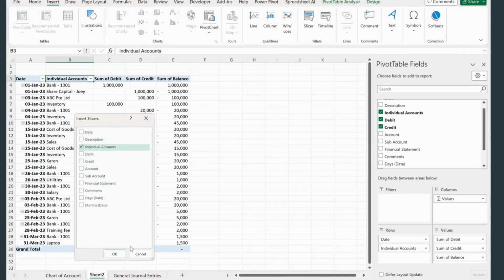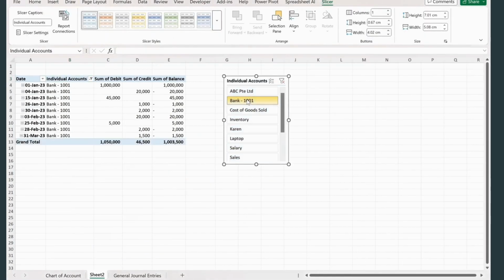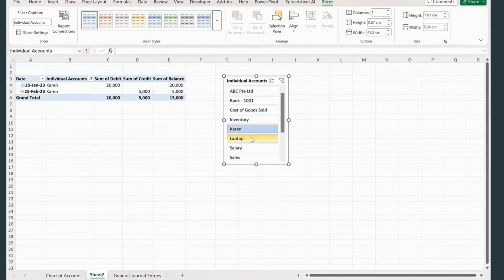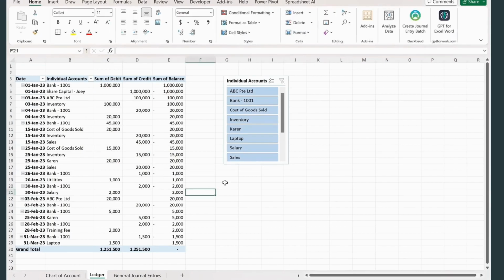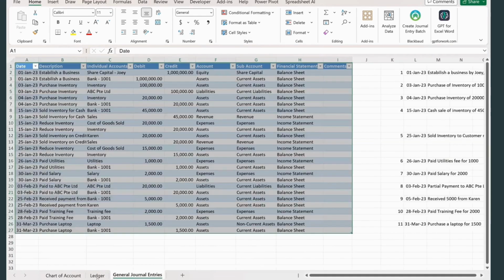We create slicer. We select the individual accounts. So when you select each individual accounts, it will show in this pivot table. We rename this one to ledger.